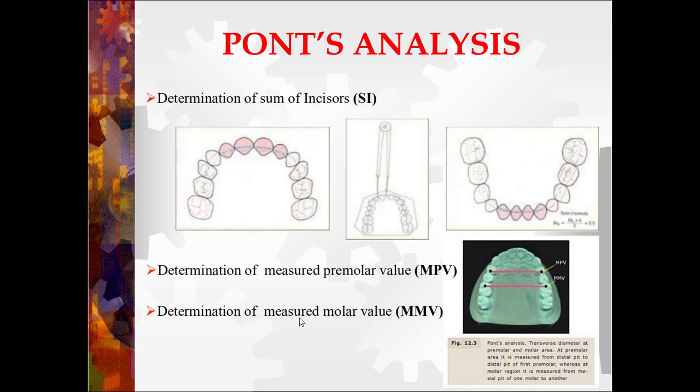Determination of measured molar value. It is taken from mesial pit of first molar to the mesial pit of first molar on the other side. And these all measurements are done on the study model with the help of divider and scale. And these all are the manual measurements.